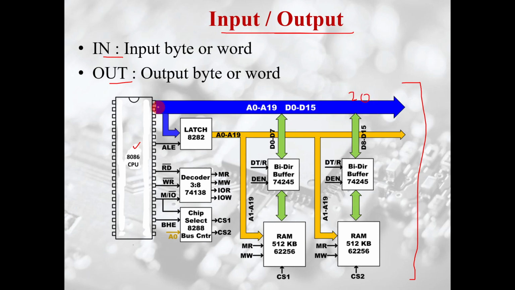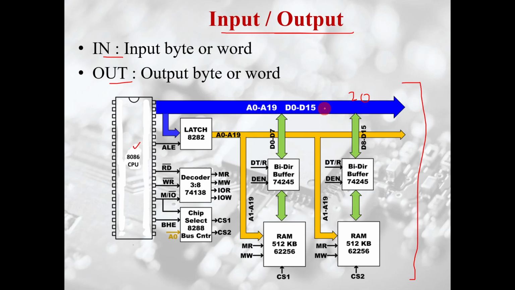Out of the 20 pins, all 20 are generally used for memory addressing, whereas the 8086 is a maximum 16-bit processor, so only 16 lines are used for data transfer. So the 16 lines are actually multiplexed. Multiplexed means time multiplexed.